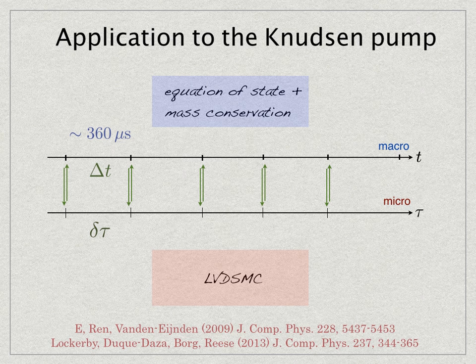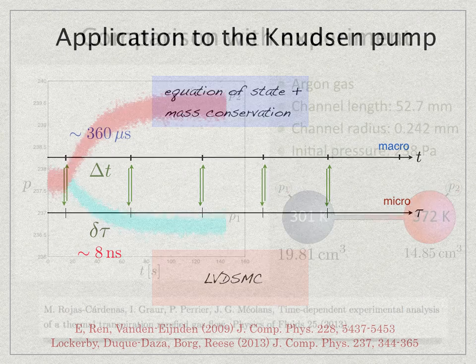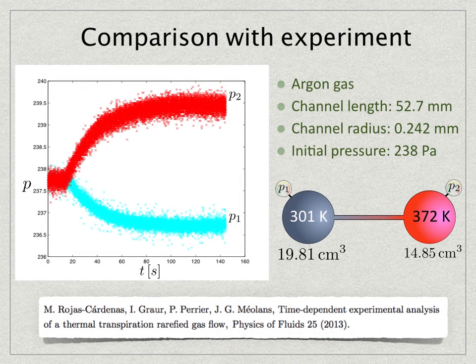So we actually get away with having a 360 microsecond macro time step and an 8 nanosecond micro time step for the LV-DSMC.